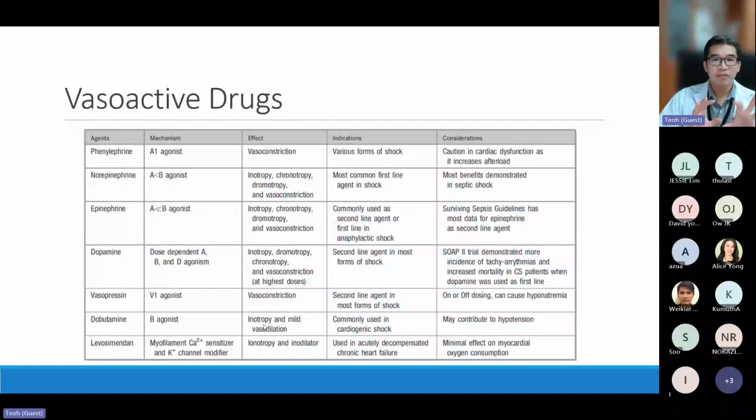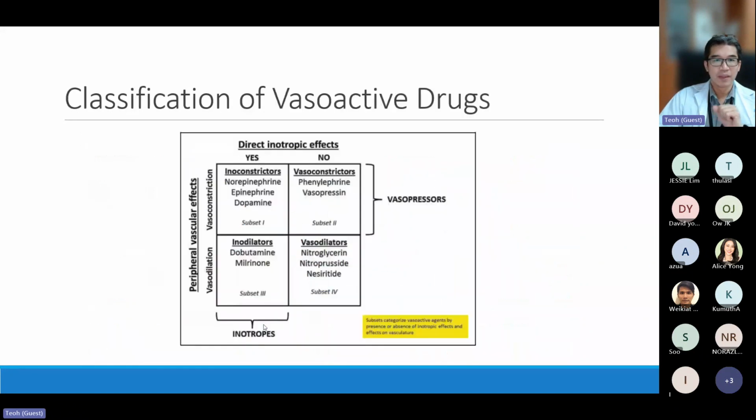So you need to be familiar with the properties of all these vasoactive drugs before you use them. And to make life easy, I will usually classify these vasoactive drugs into several groups: the inoconstrictor, vasoconstrictor, and inodilator. And based on the hemodynamic profile, you should be able to choose which drugs to use for the patient in the treatment of shock.